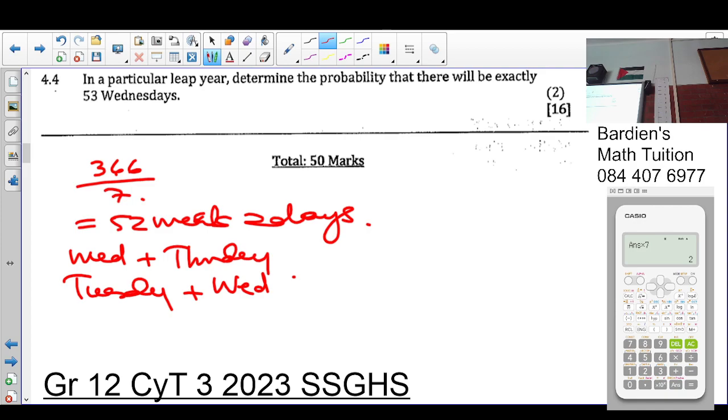So there's 2 combinations like this, out of how many combinations should you consider? 7. Monday-Tuesday, Tuesday-Wednesday, Wednesday-Thursday, Thursday-Friday, Friday-Saturday, Saturday-Sunday, and Sunday-Monday. So there's 2 out of 7, and that is your answer. 2 out of 7, that's your probability.